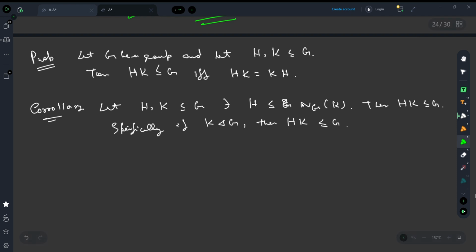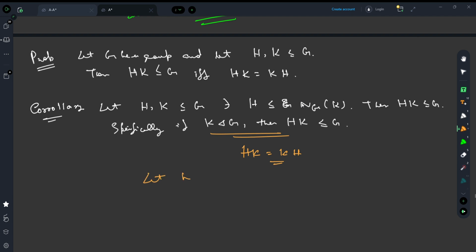So how do we prove this? To prove this, it suffices to show that HK equals KH. So how do we do that? We try to show HK equals KH.